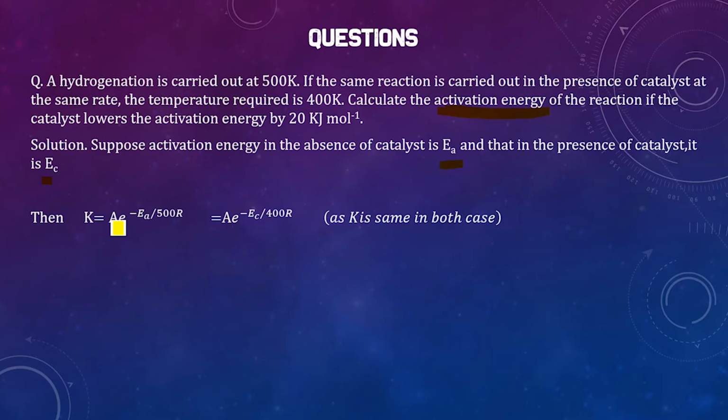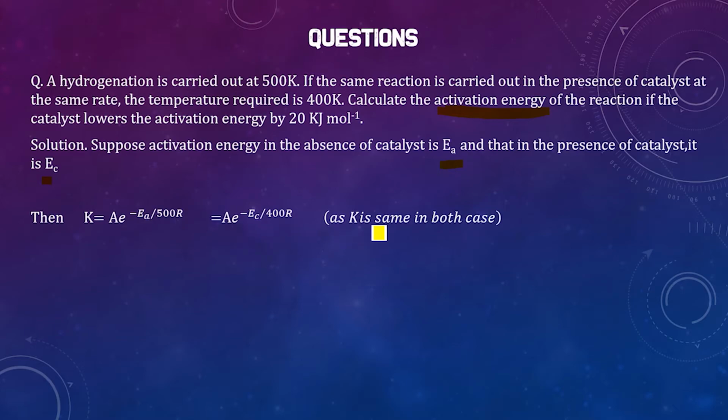So k is equal to A e to the power minus Ea upon 500 R. What is this 500 R? This is RT. We know the term is E upon RT, so here it will be 500 R. Similarly for this it will be A e to the power minus Ec upon 400 R. This is RT. Second equation I have done for this.